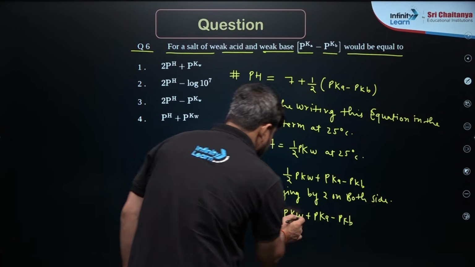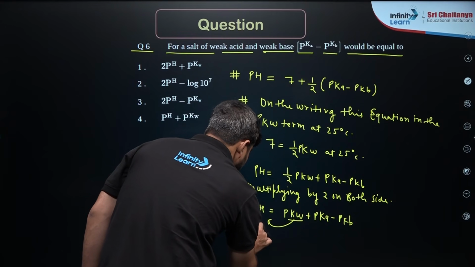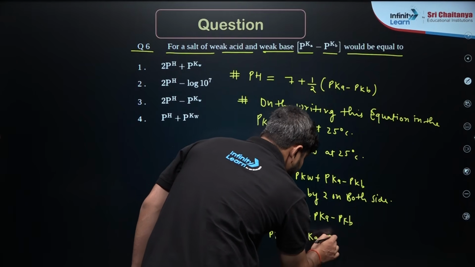Now you can send this term to the other side, so twice of pH minus pKw equals pKa minus pKb.